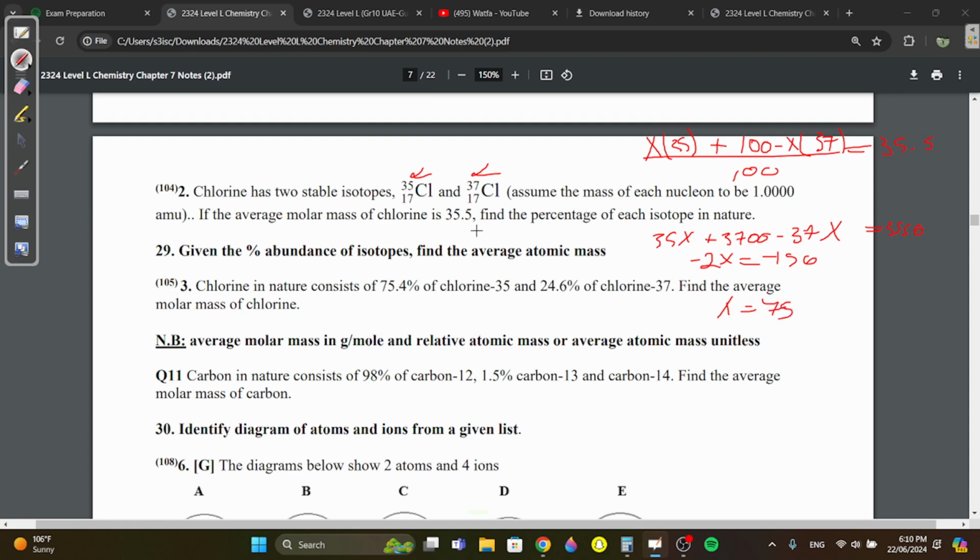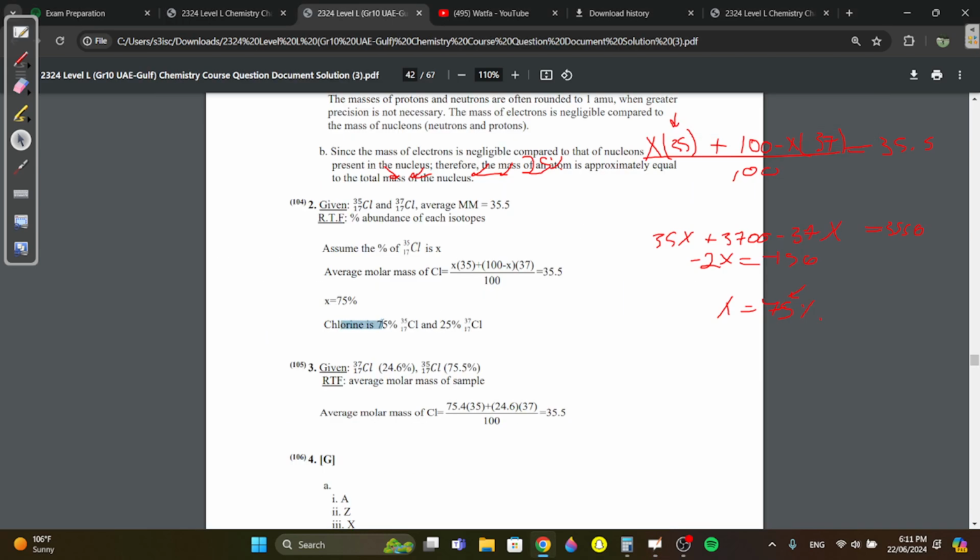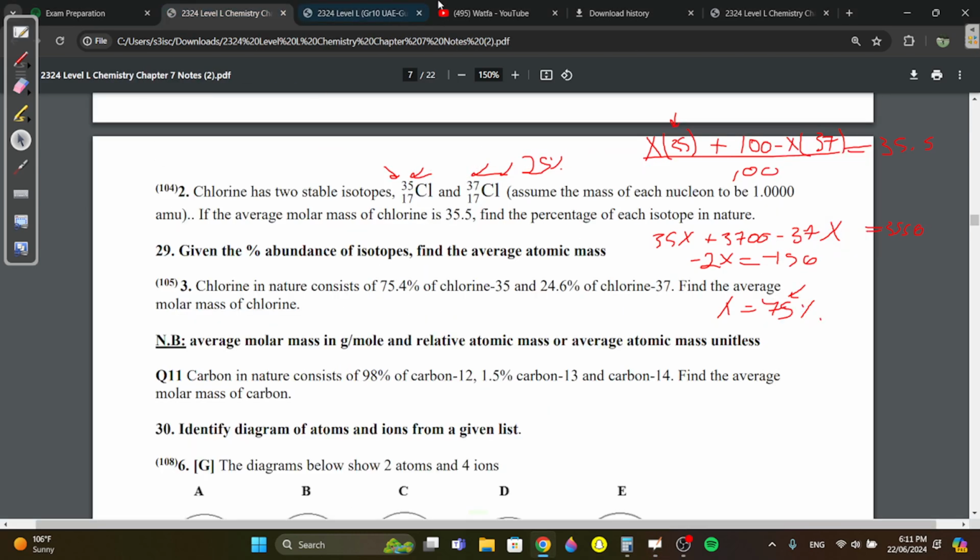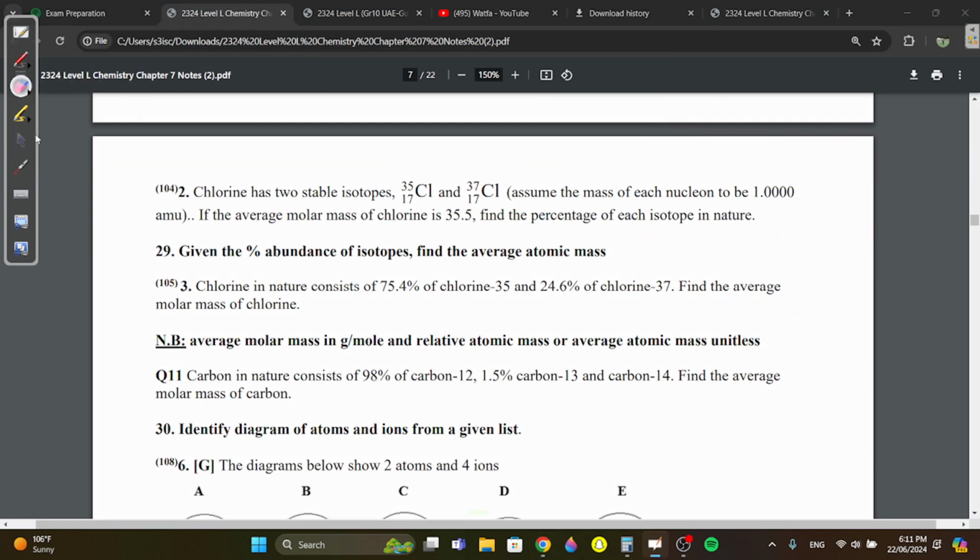So the percentage of this 35 is going to be 75%, and then the percentage of this 37 would be 25% because 100 minus 75. Is this correct? Chlorine is 75% this and 25% this. Yeah. And they didn't ask for mass, so we don't put grams per mole.